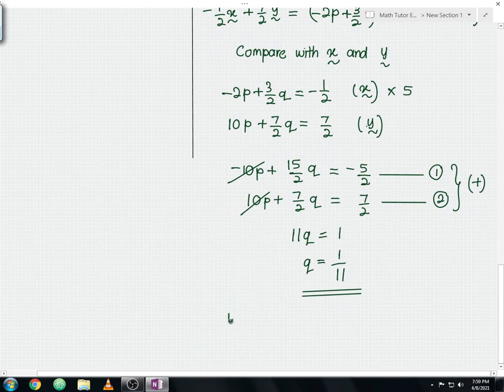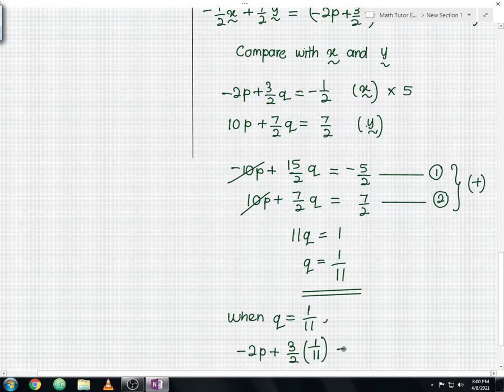When q is equals to 1 over 11, okay, and comma, so from here negative 2p plus 3 over 2. Okay, instead of writing q, now we can write 1 over 11. Okay, and then you should get your answer is equals to negative 1 over 2.